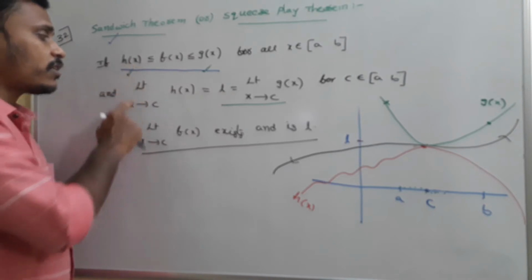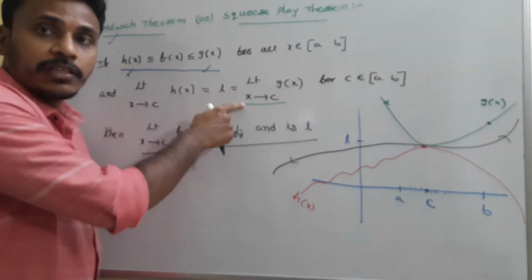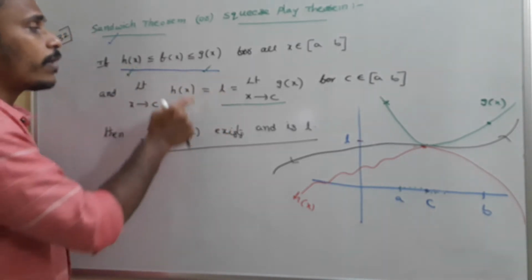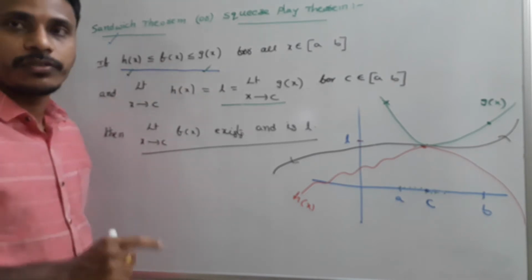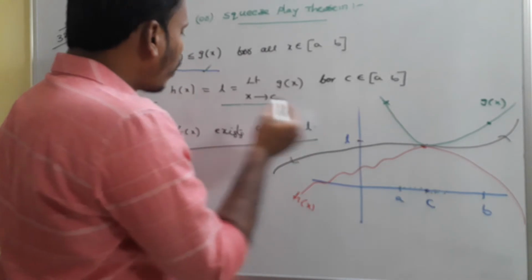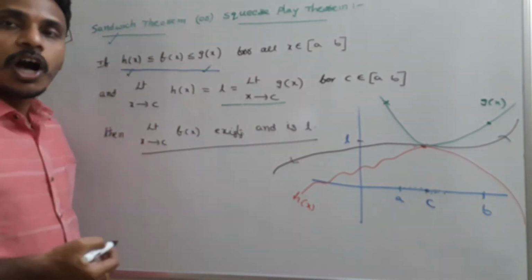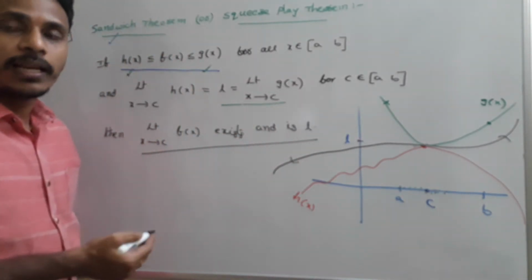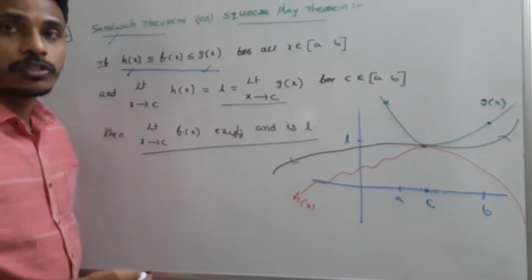Since this limit exists and that limit exists, for sure the limit of the middle function f(x) also exists. In the sense, at this particular point c, all these three graphs are approaching L as x is approaching c.